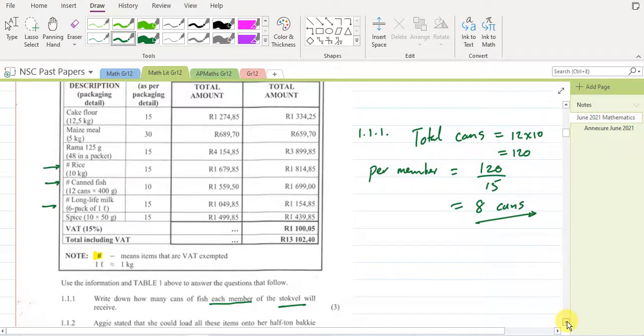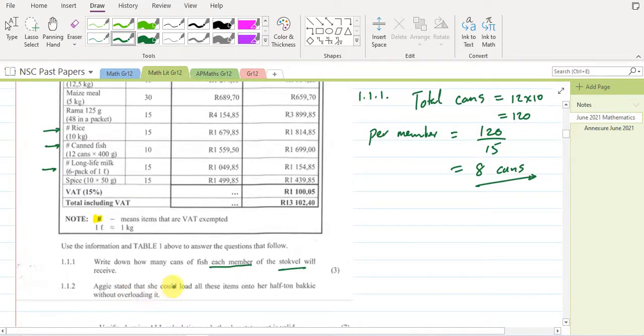Let us look at 1.1.2. Aggie stated that she could load all these items onto her half-ton bakkie. Now half-ton is basically half a ton. When you say a ton, remember 1 ton is basically equal to 1000 kg.